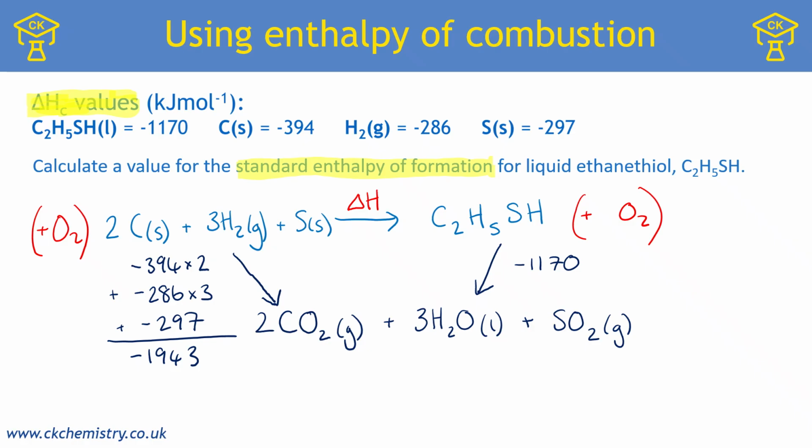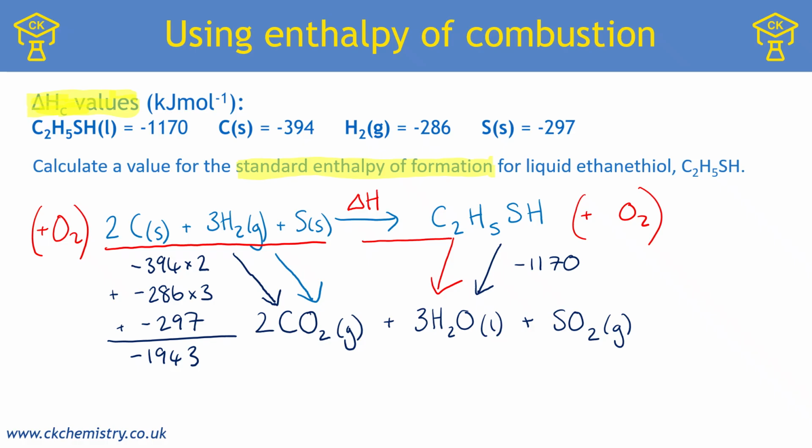So what do I mean by that? There are two ways that I can get from my elements, we're starting with elements again, to the CO2, H2O and SO2. I could either make this ethane thiol thing and then burn it, or I could just go straight and burn all of those elements.